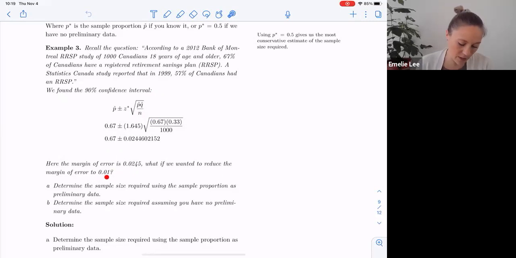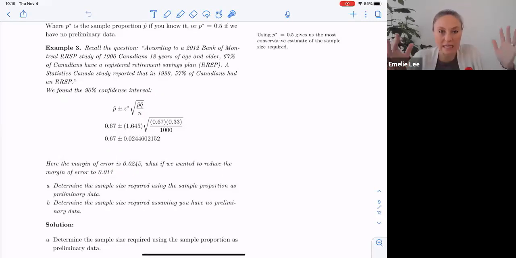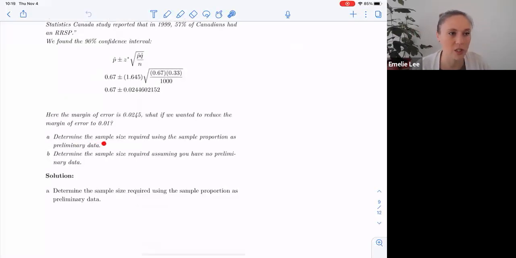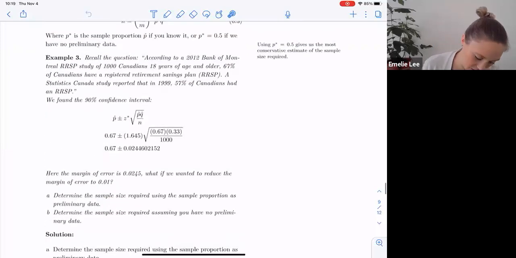So what if we wanted to reduce it to 0.01, making our estimate even more reliable, even more steady? Here, determine the sample size required using the sample proportion as preliminary data. What does that mean? It means that P star is going to be P hat from that previous sample, because now I'm just adjusting the margin of error. And then determine the sample size required, assuming that you have no preliminary data. So that's when we use that conservative estimate.